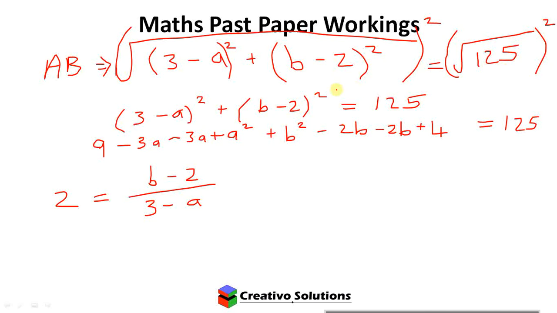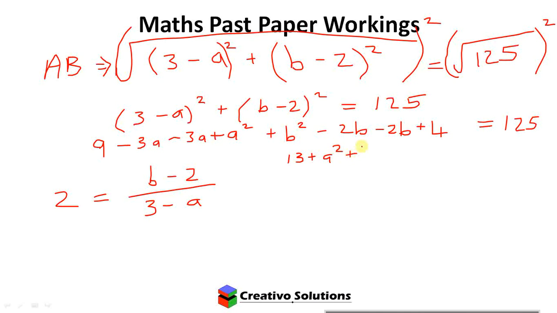Okay. Right, the bottom equation. Okay, let's finish the top one. Let's neaten it up. So let's see, the 9 and the 4 can be added together. So that'll give me 13. Then I've got a squared. A squared is a squared.